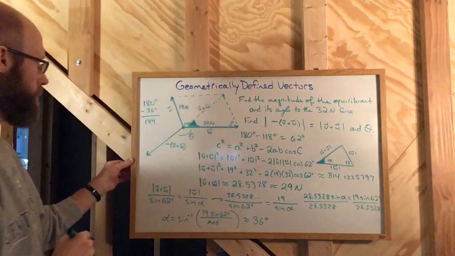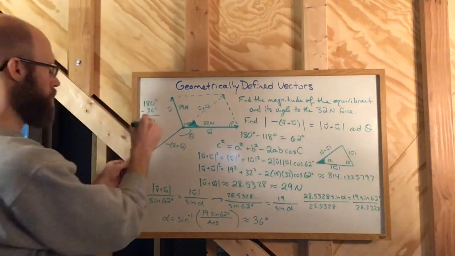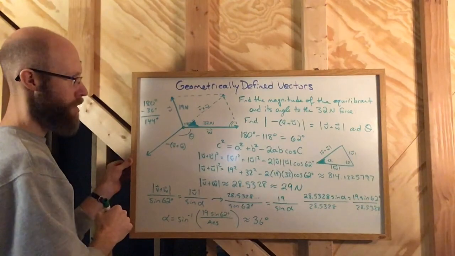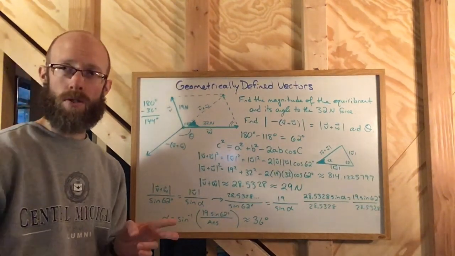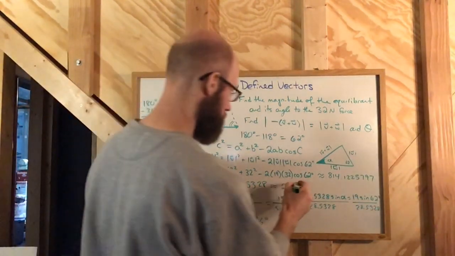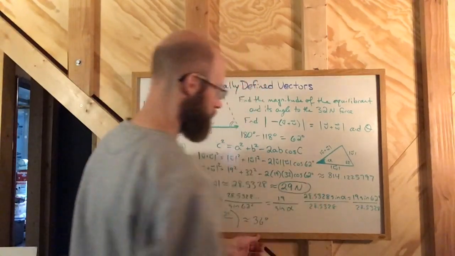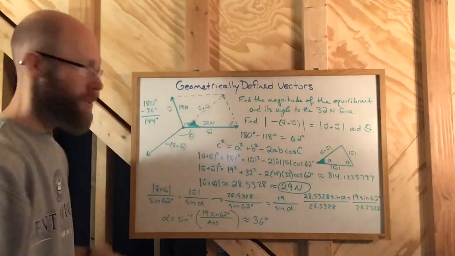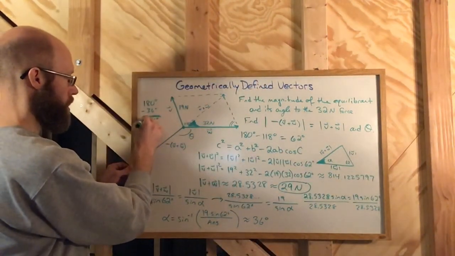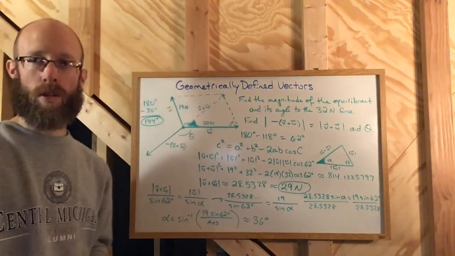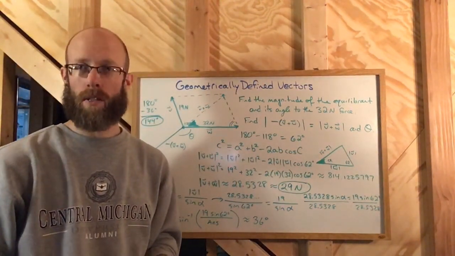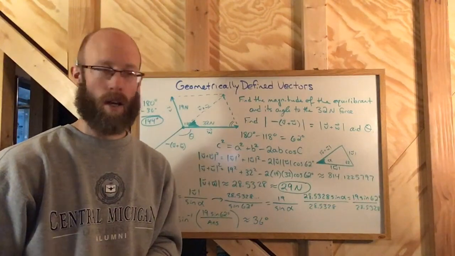Yep, 144. So that's my angle theta. So there's two answers to this question. One is the magnitude, which we're rounding off to 29 newtons. The other one is our angle theta, which is 144 degrees, again rounded to the nearest degree.